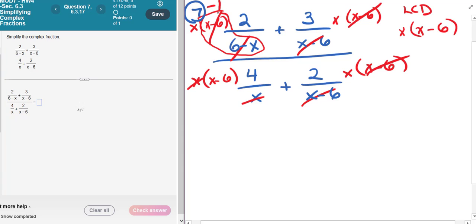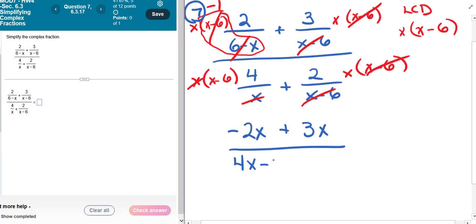So we still have that. So now we clean up and we have -2x plus 3x over 4x minus 24 plus 2x.